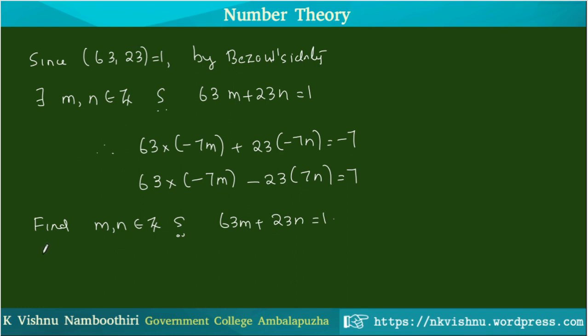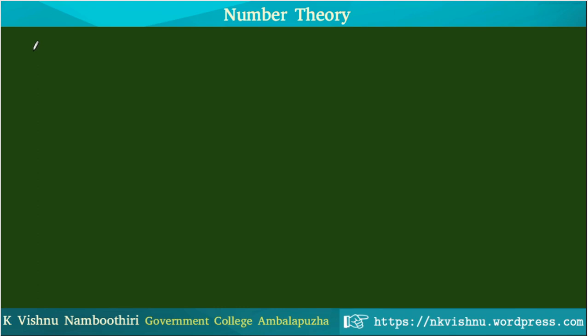For finding such an m and n, we are going to use the extended Euclidean algorithm, which is a manipulation of row-like operations on the 63 and 23, which will be clear once we explain how we are actually proceeding. Okay, so we need to express 63 and 23 as a linear combination equal to 1.